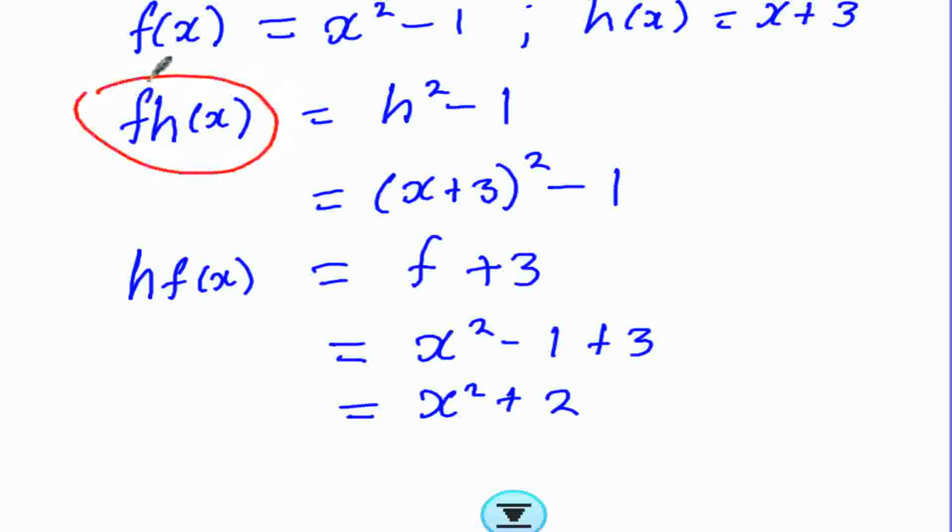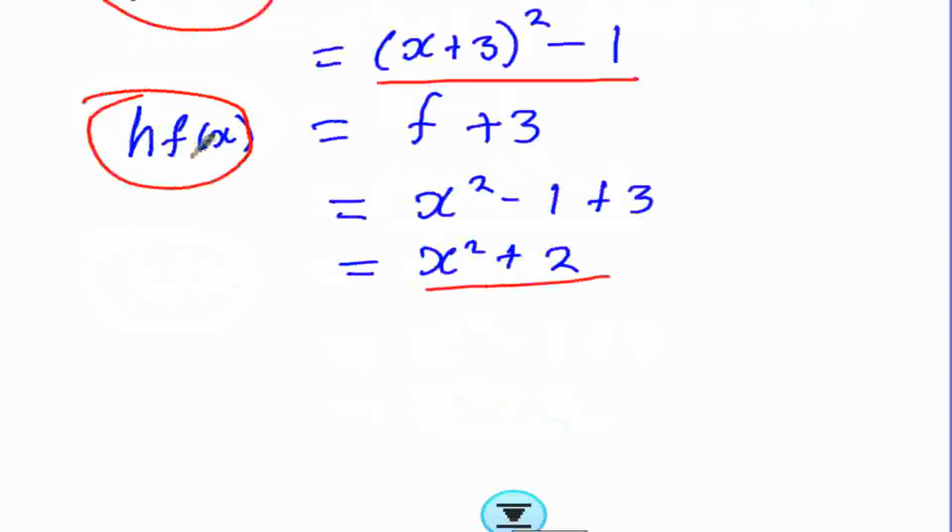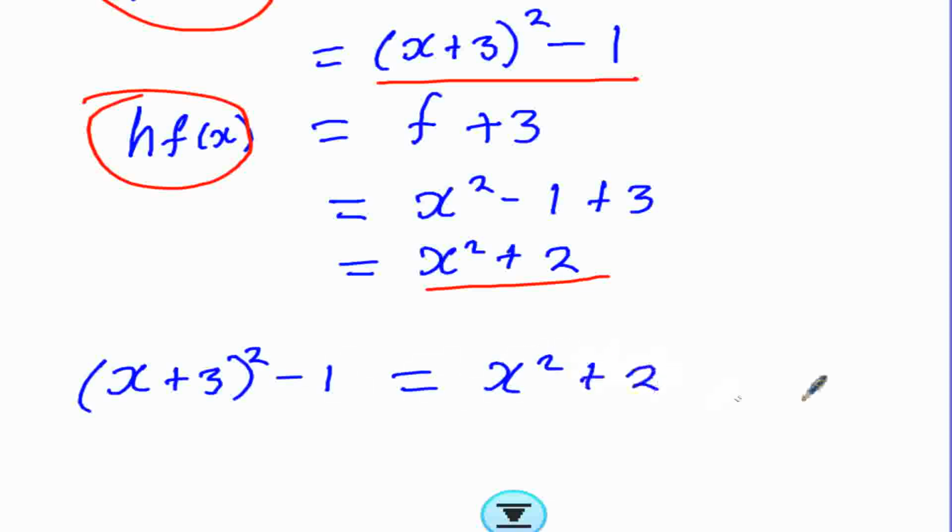We have this and that, and they said that the two are equal. So we are going to equate this equals to that. So equating them, we shall be having x plus 3 squared minus 1 is equal to x squared plus 2.